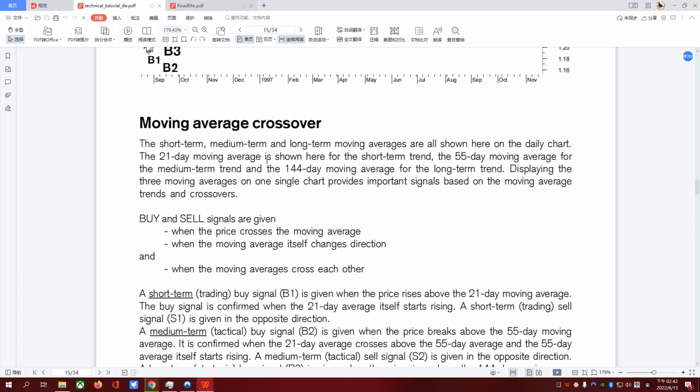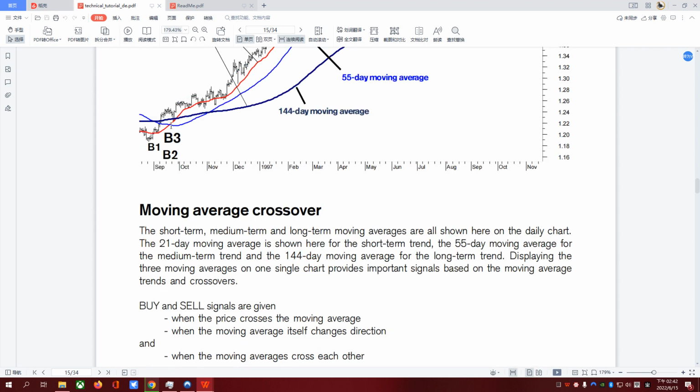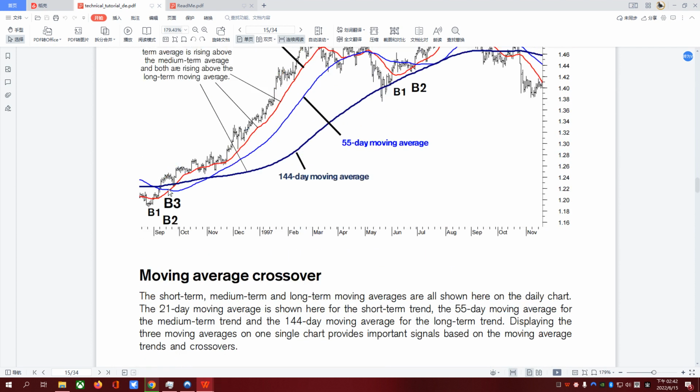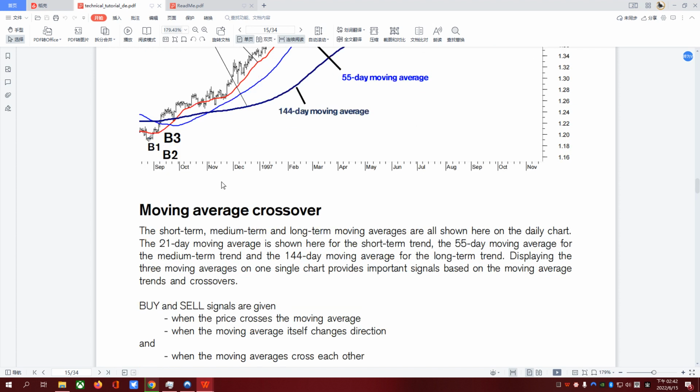It's a very important concept, because the 21-day moving average, shown here in a shorter time frame, has a cross right here with the 55-day, and there is also another cross with the 5-day and 144-day, and there is a cross right here, 144-day with 55-day.